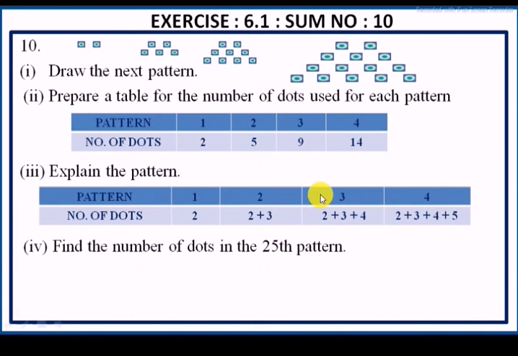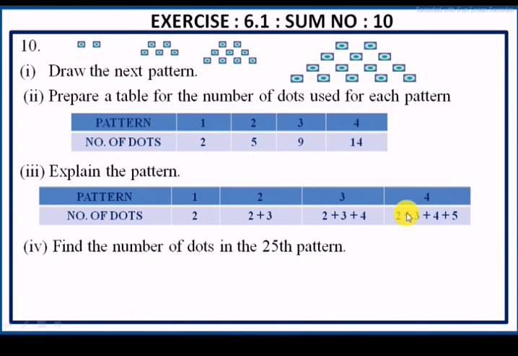So explain the pattern. So first pattern is 2, second pattern is 2 plus 3, third pattern is 2 plus 3 plus 4, fourth pattern is 2 plus 3 plus 4 plus 5. So find the number of dots in 25th pattern.